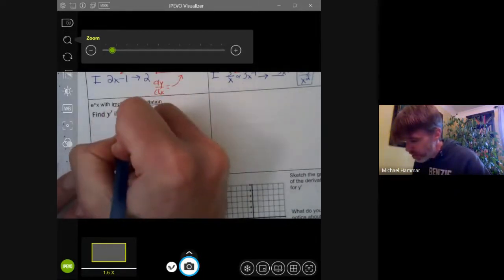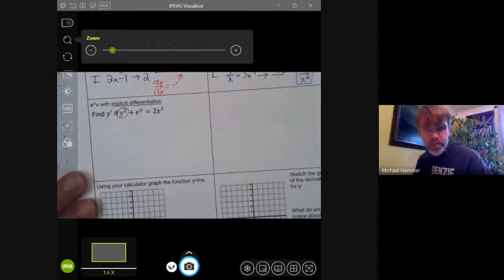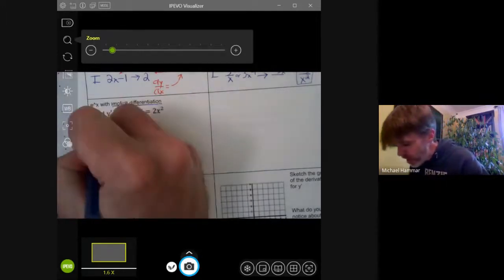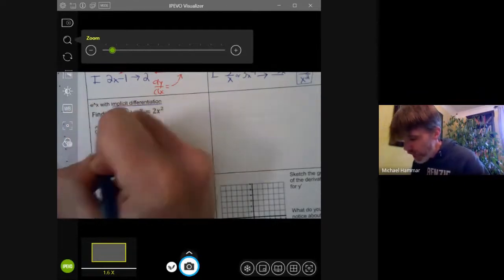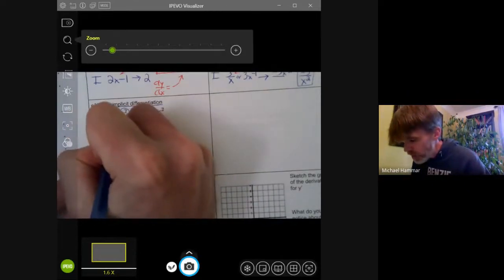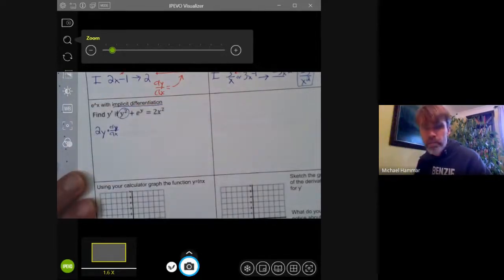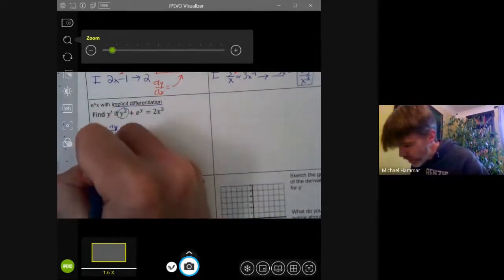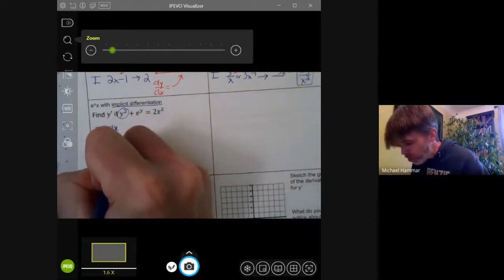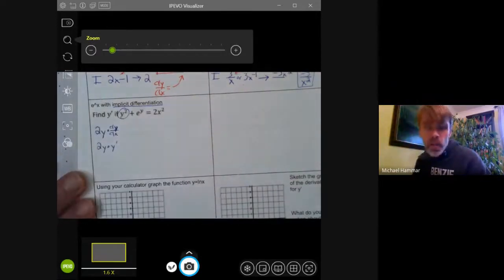So let's start here. Y squared. Now remember, we're differentiating it with respects to x. So it's going to be 2y times dy with respects to x. Okay? Or if you want, you can do 2y times y prime. Either one is acceptable. Okay?